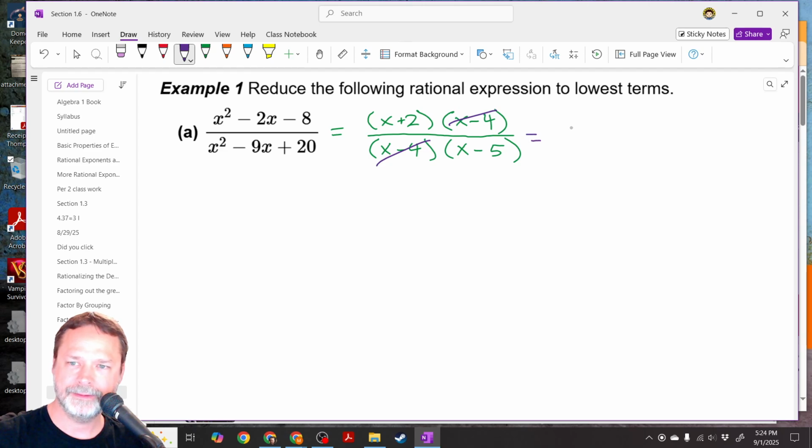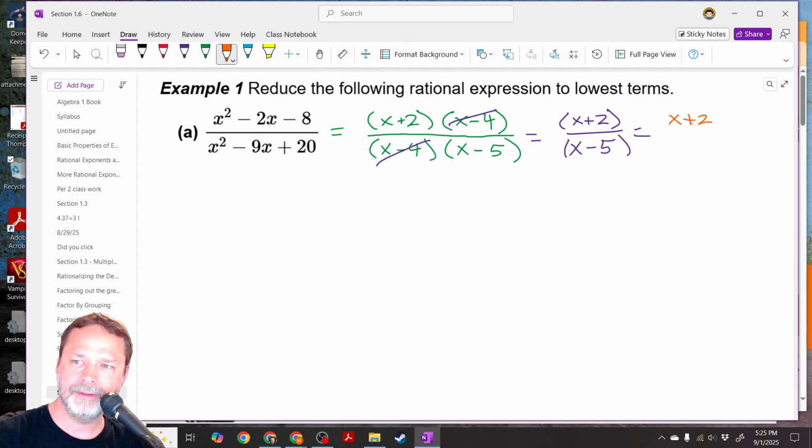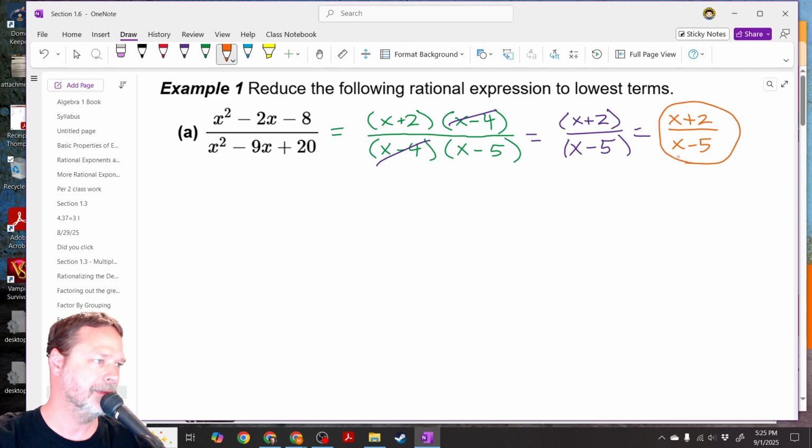We got those. So our reduced expression is x plus 2 over x minus 5. Piece of cake was that one. It's too easy.